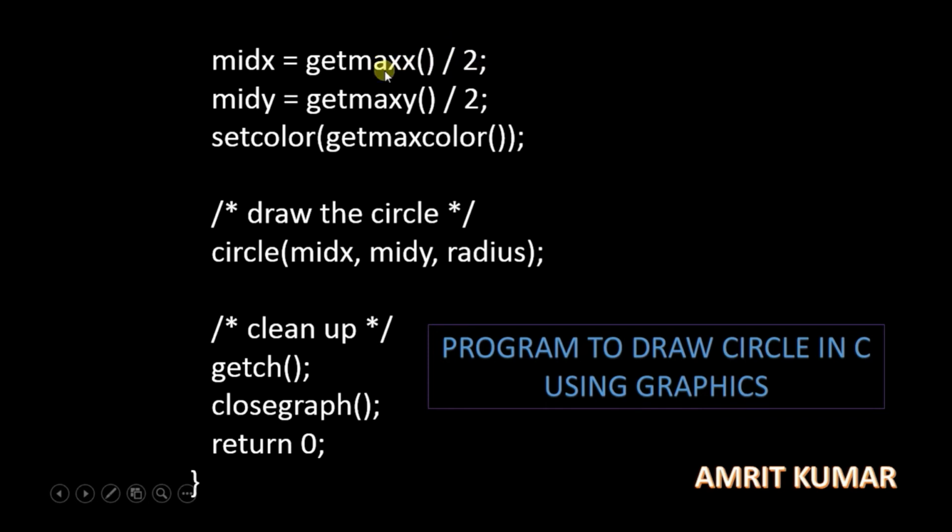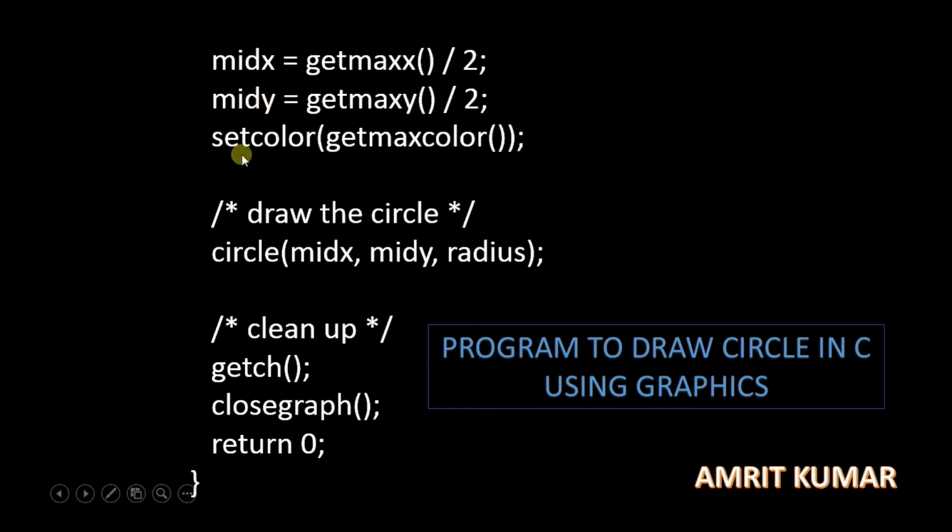After the calculation is made, it is going to be assigned in midx. In the similar way, this function is going to give us the maximum of y, then we are just dividing it by 2. So whatever the calculation made by it is going to be assigned in midy.